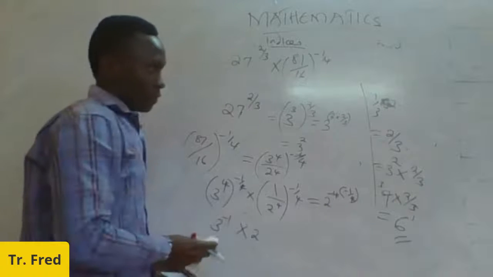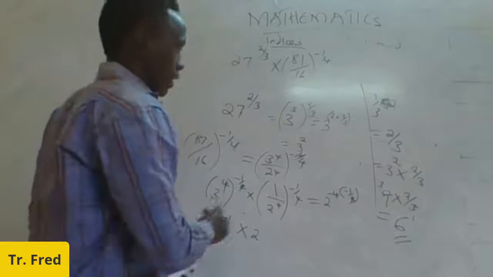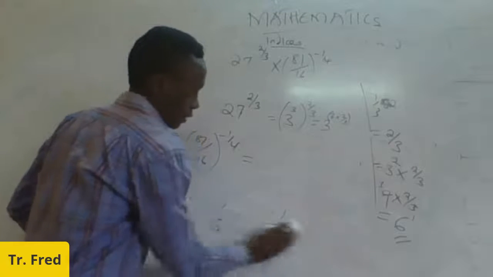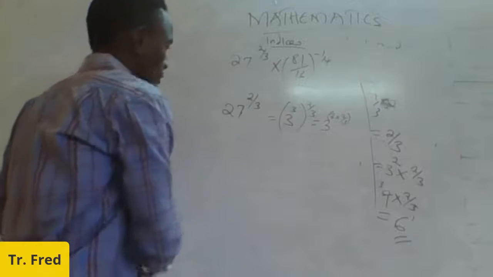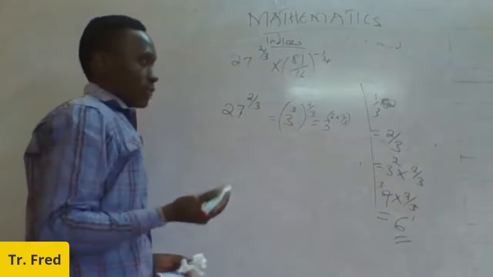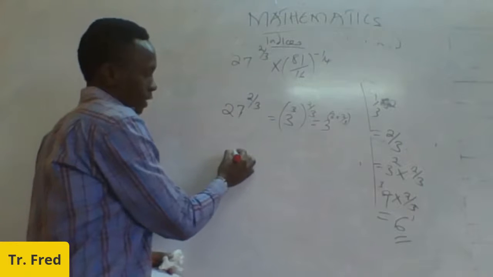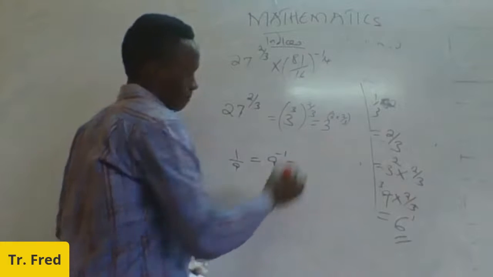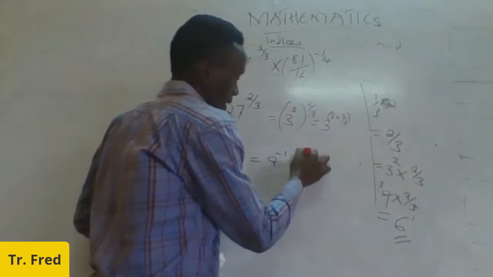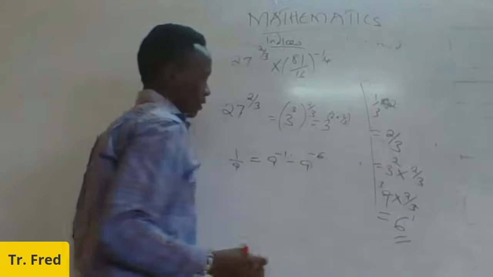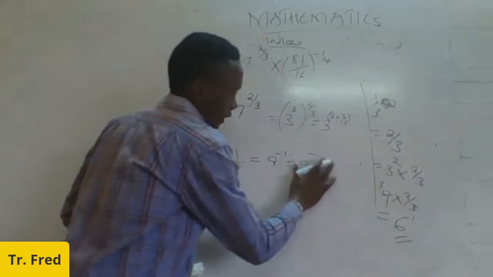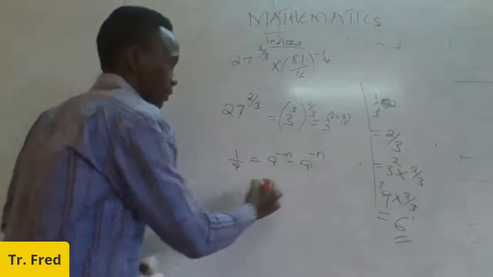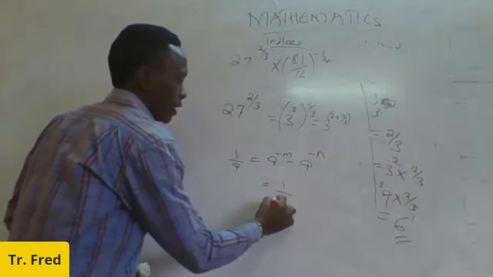As long as the rules of indices are being followed, then the final answer will easily be reached. Now this one applies the rules of indices, the third rule, which concerns division. For example, we have 1 out of a, which is simply written as a power -1, divided by a power -n.